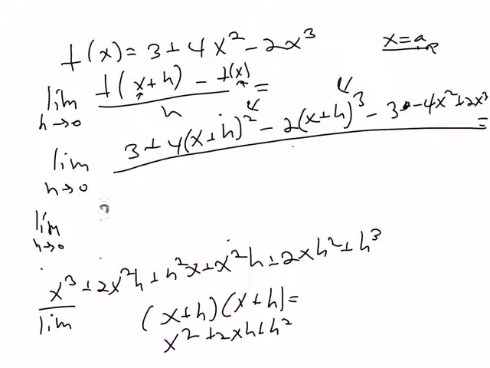So this is 3 plus 4x squared plus 8xh plus 4h squared.